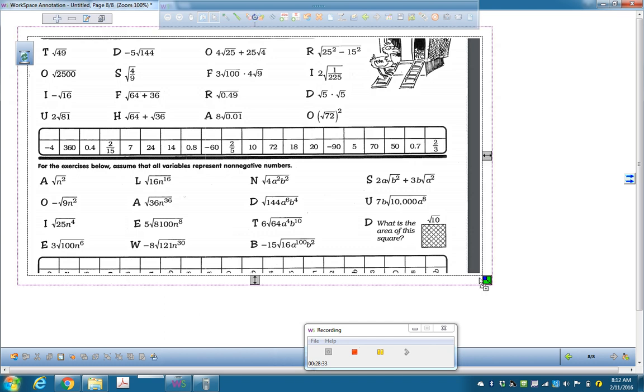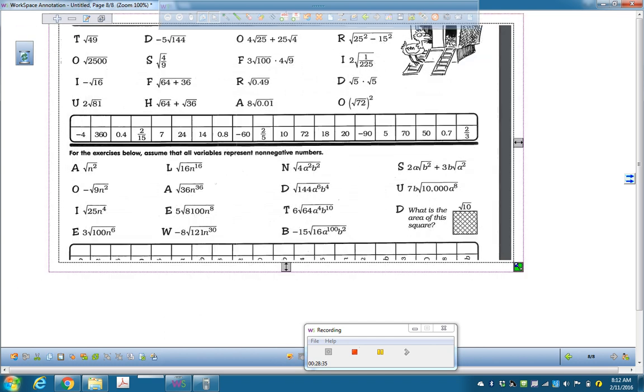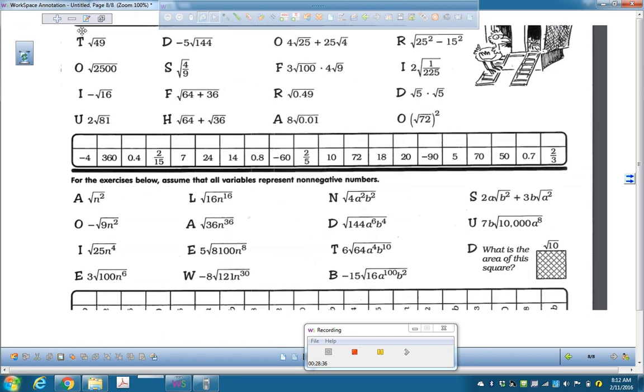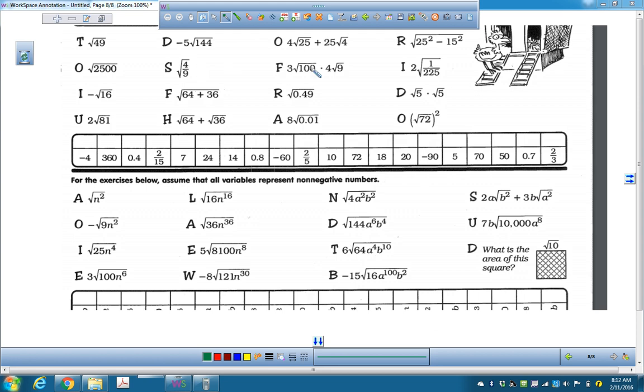So if you see, let's see, I think you know how to deal with this, you know how to deal with this. This one, you can figure out because you know the square root of 25, you can figure out the square root of 4. Here you have to square them both, then subtract, and then take the square roots. What might you have trouble with? This you can do, we did one like that.